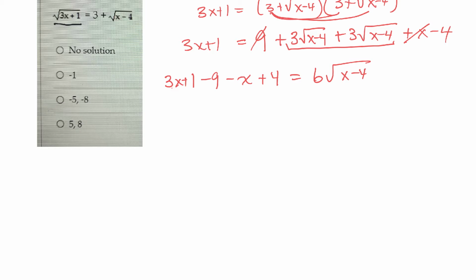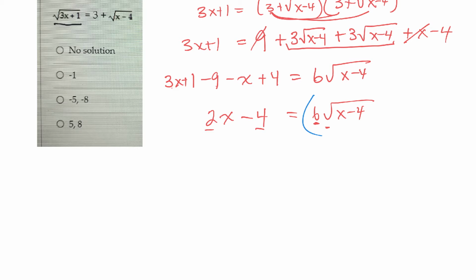Okay, now 3x minus x will be 2x. 1 minus 9 is negative 8, plus 4 will be a negative 4. Okay, equals 6 root x minus 4. It'd be real nice now at this point to divide both sides by 6, but these numbers aren't divisible by 6. You could divide everything by 2, but at this point it's probably easier just to square both sides again, to get rid of that square root on this side.